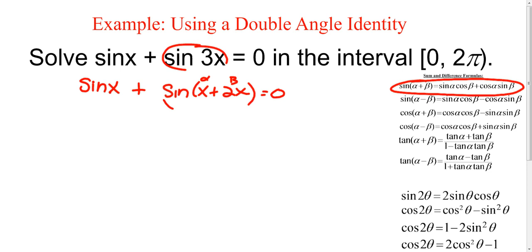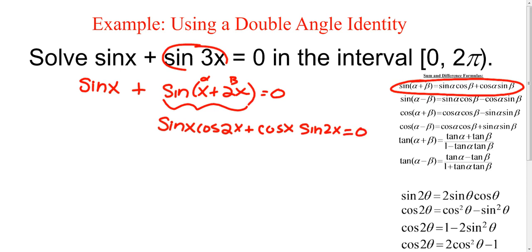So I am going to replace this then with sine x cosine 2x plus cosine x sine 2x. Okay, and then of course I have my sine x over here.